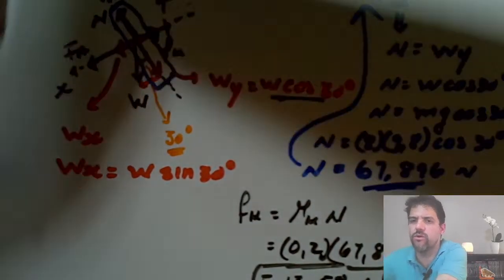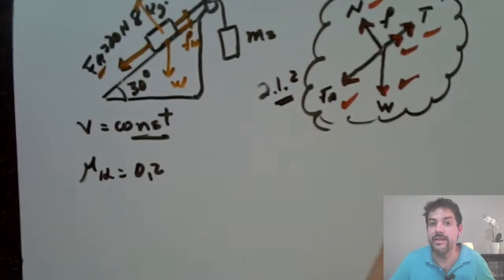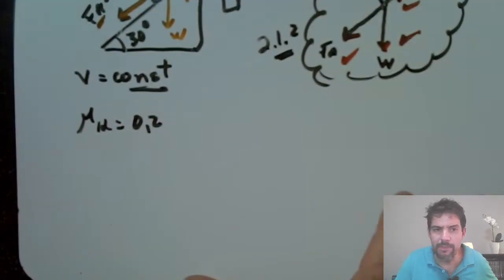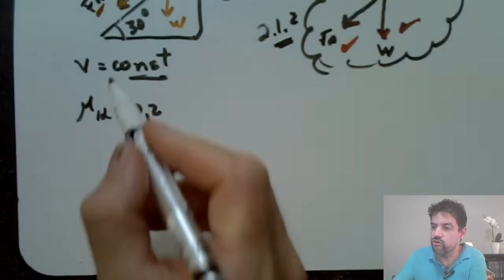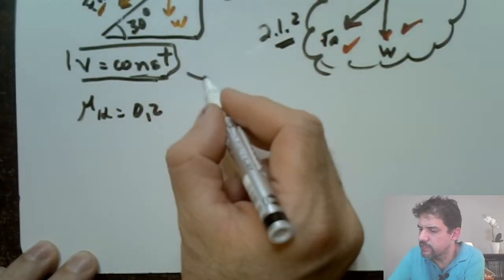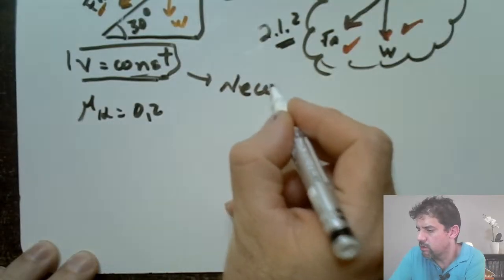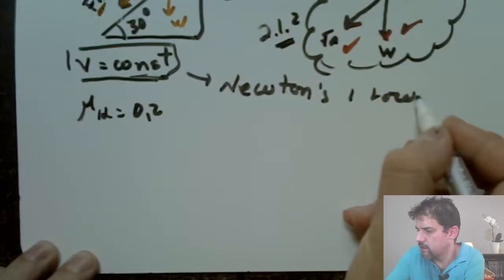So in this case, we're going to start with the first object, and we are going to apply Newton's first law. Why are we applying Newton's first law? Because the object is moving with constant velocity. If the object moves with constant velocity, that is Newton's first law.